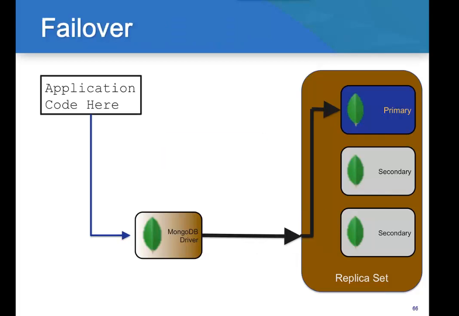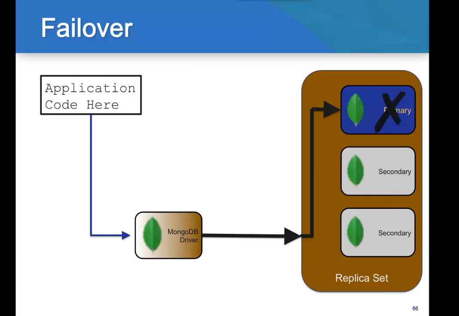The other thing I want to talk about is how failover works from the application perspective. So again, we talk a lot about how failover works in a replica set. Let's see what the application sees. Your application is connected to the driver, and from the driver it's connected to the replica set.